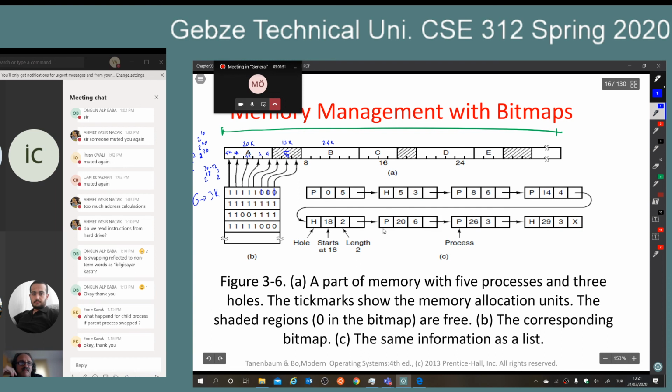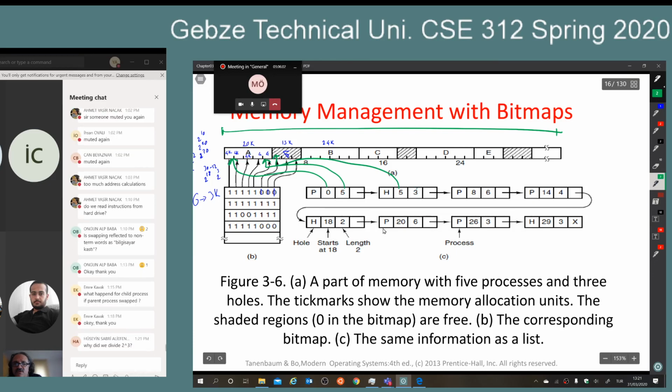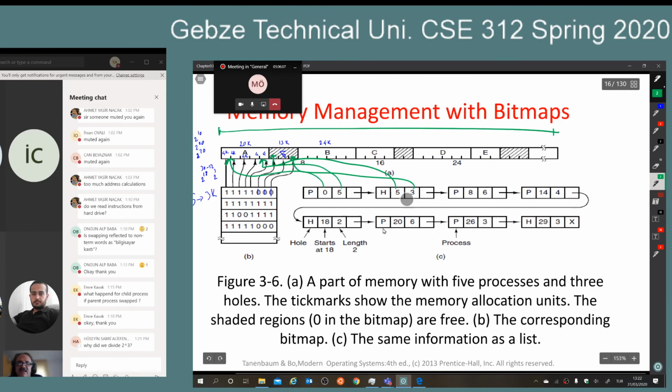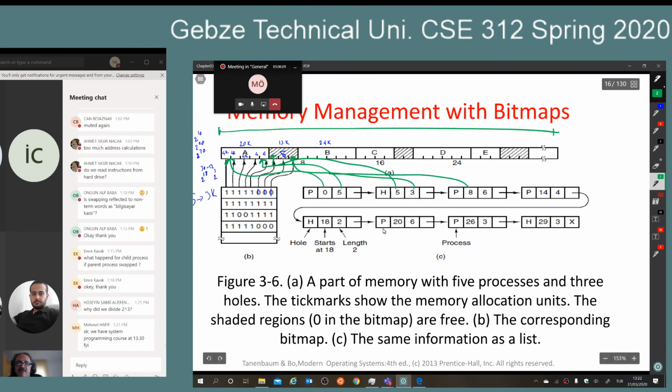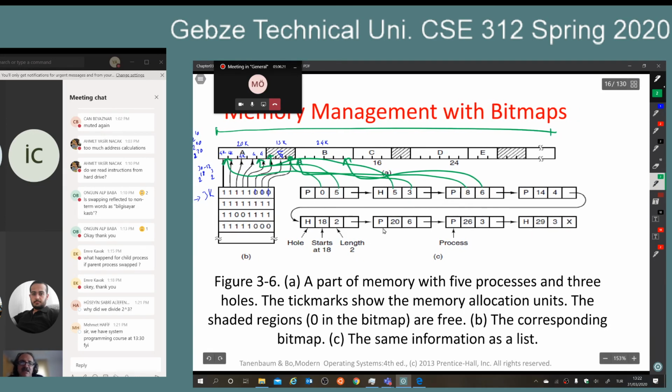From 5 to 8, there is a hole, it is available. From 8 to 8 plus 6, it is occupied, etc. So this is the linked list representation of the available memory.